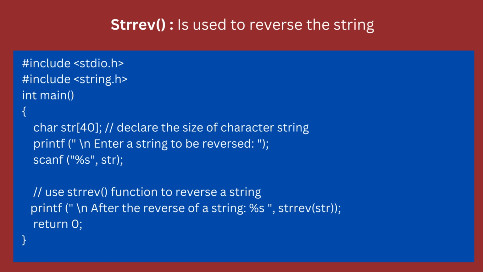It will return a string, so we can store it in another string variable or character array. But here we only want to print that particular string, so we will use it as it is. So these are the main functions.